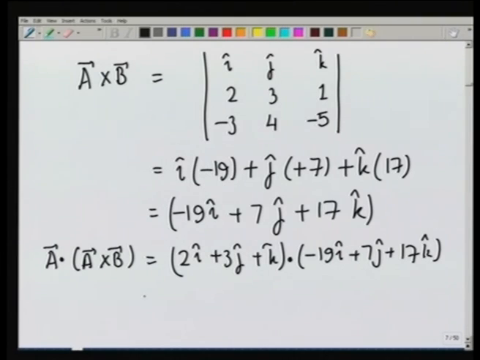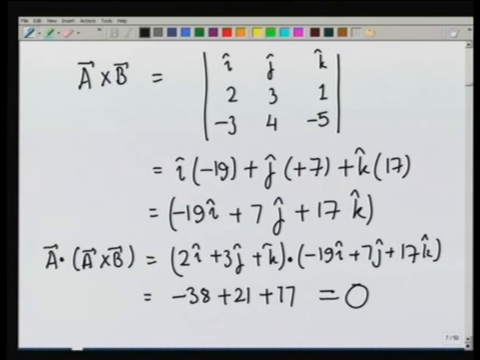Now, I can use the distributive property and show that i dot i is 1. So, this is going to be minus 38, i dot j is 0, i dot k is 0. So, no contribution from here, plus 3 would multiply only the j component, plus 21, and k would be plus 17, which is equal to 0.